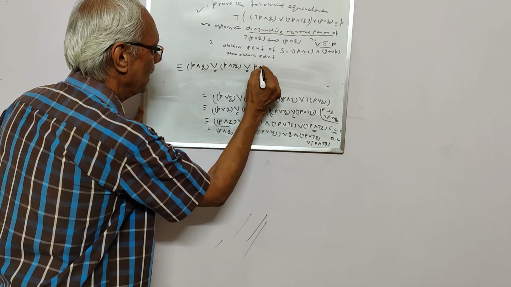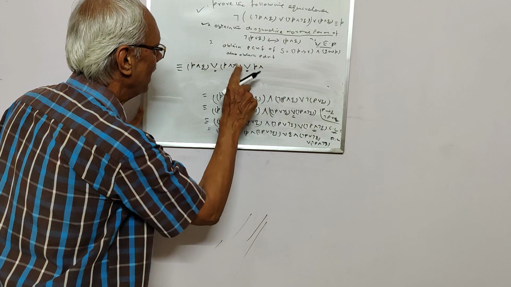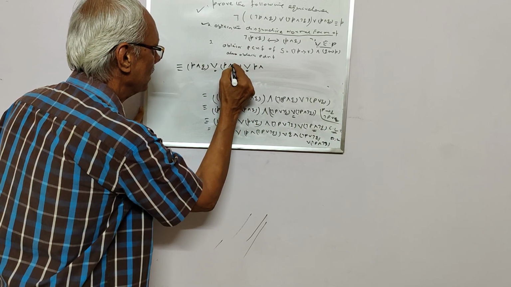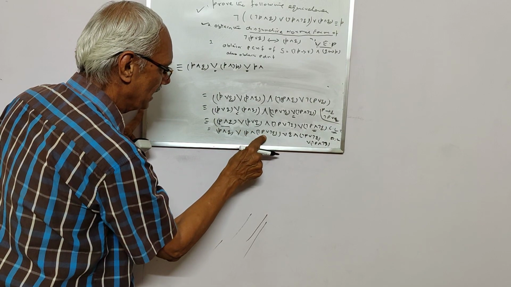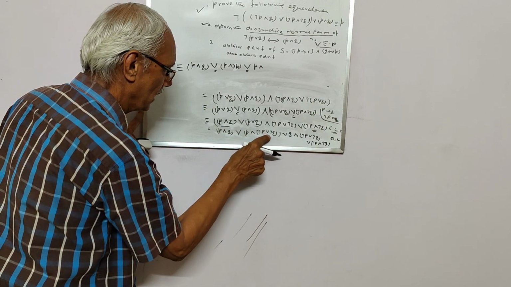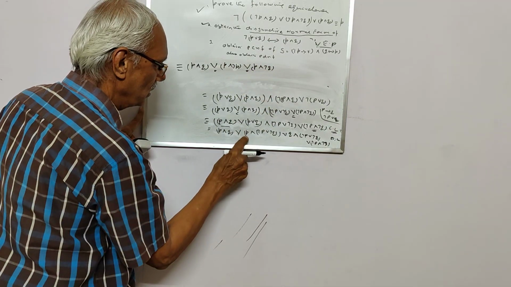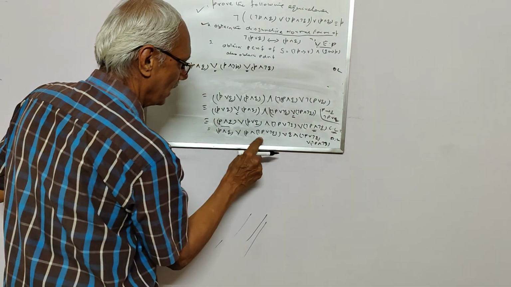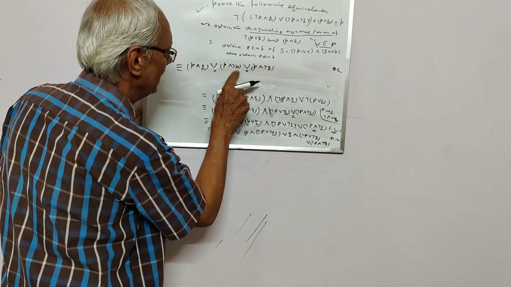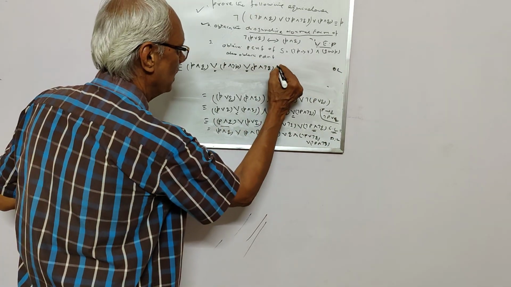P conjunction, see, I will put P here: P conjunction negation P union P conjunction negation Q. So use the distributive law. Here also I will use only the distributive law. P conjunction negation P disjunction P conjunction negation Q.